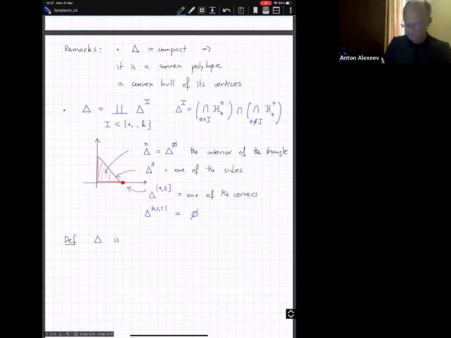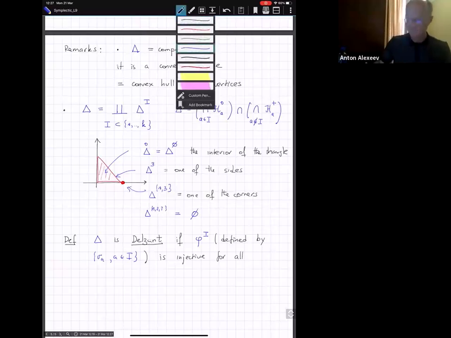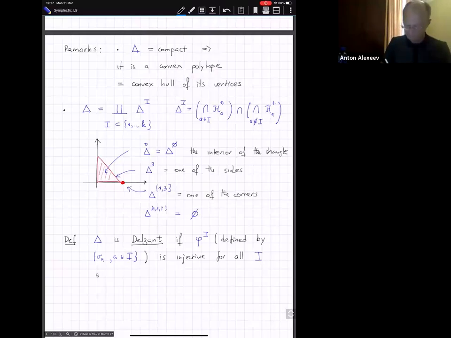So delta is called Delsarte if phi I, so this is a phi defined by, so that's the homomorphisms of tori defined by VA for A in I, is injective for all I such that delta I is non-empty.